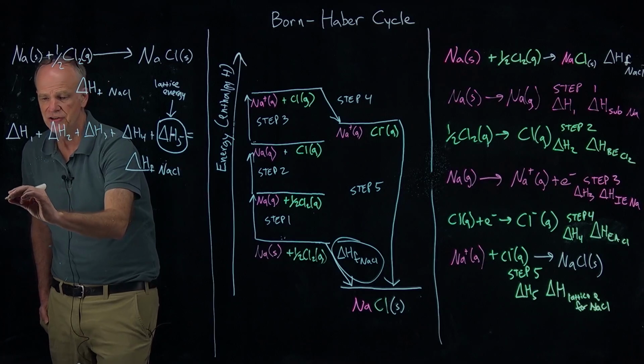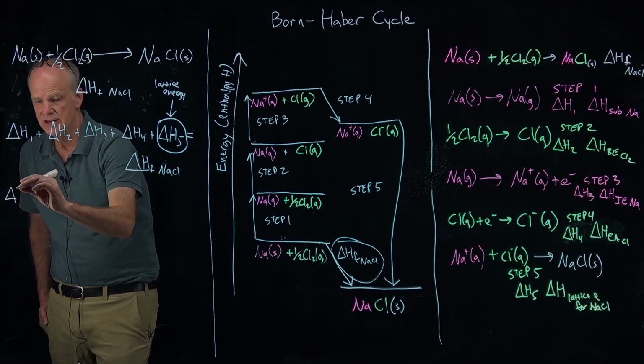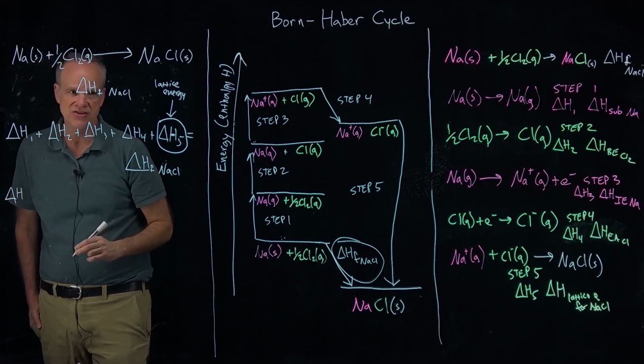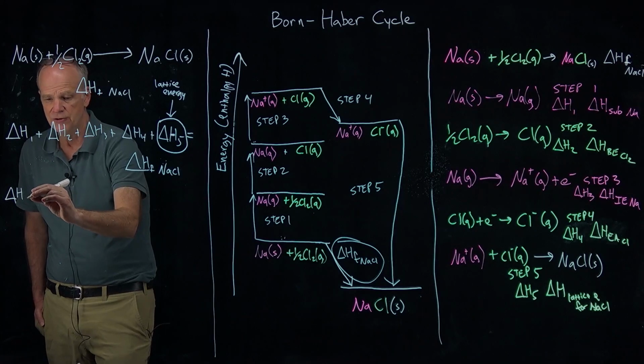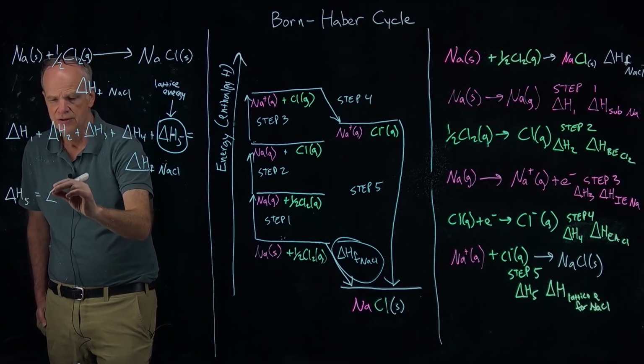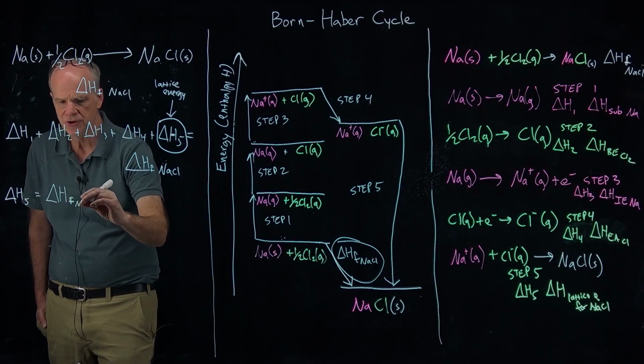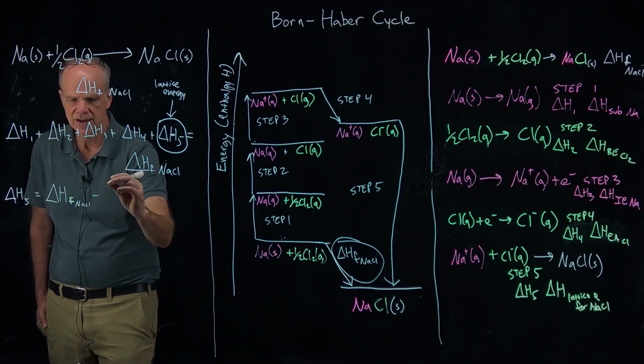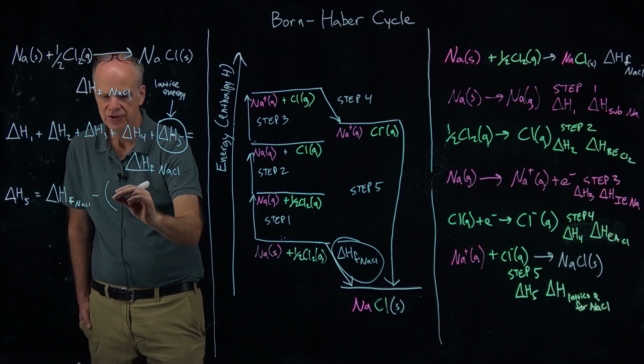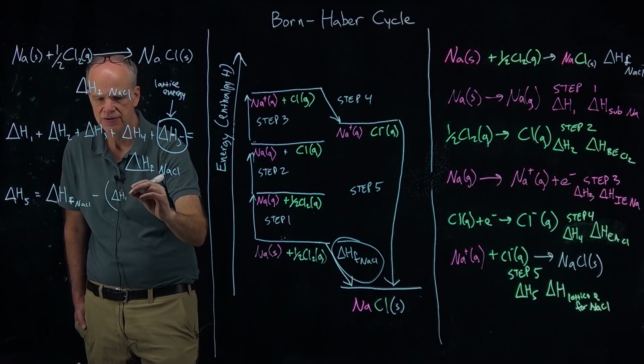So the lattice energy, which is the change of enthalpy for step 5, is going to be equal to the change of enthalpy for the formation of sodium chloride minus all these other steps' energies added together.